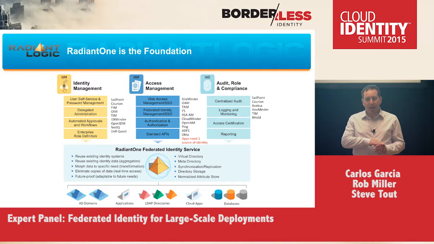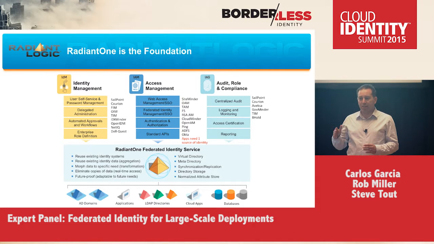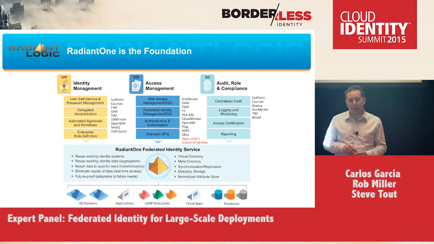So you begin seeing how the use cases and the applicability of this expands from just simply provisioning users in and out of cloud and SaaS services to combining and integrating the access provisioning as well.